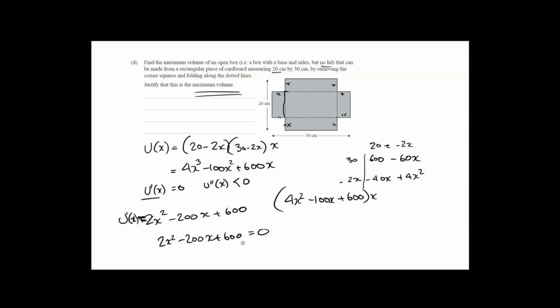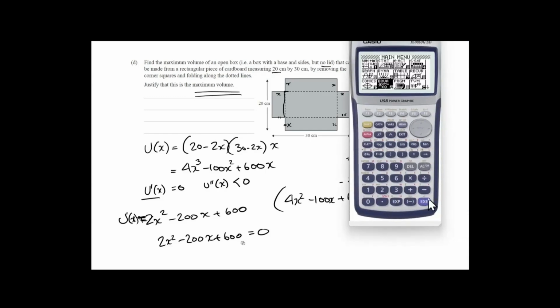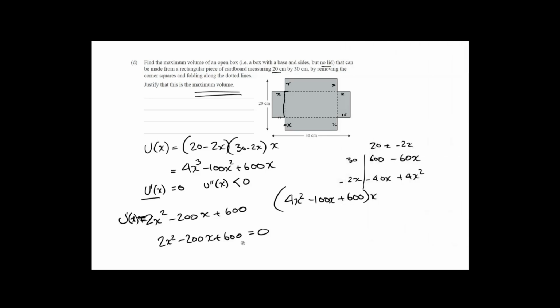And I just can't be bothered solving that for now. So let's use our calculator. Let's find the polynomial solver. Degree 2. So 12x squared minus 200x plus 600 equals 0. And we find that x is 96.904 and 3.0958.